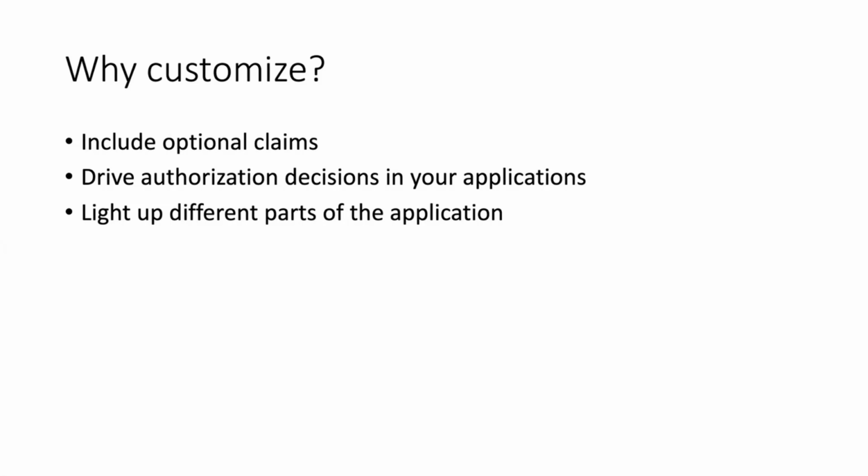Now you may say, why do we want to include that information in a claim? Especially since authorization decisions should be done just in time. So why don't I, when I'm trying to light up a button, make a call to an API and then get the authorization decision? The reality is there are pros and cons of each approach. When you make an authorization decision based on a claim, that information may be slightly out of date, but maybe that's good enough because it avoids an extra round trip to the server.